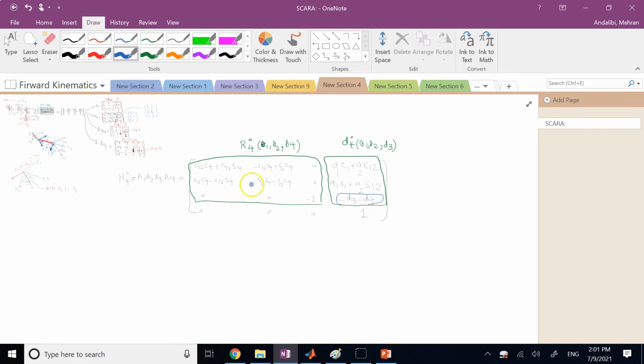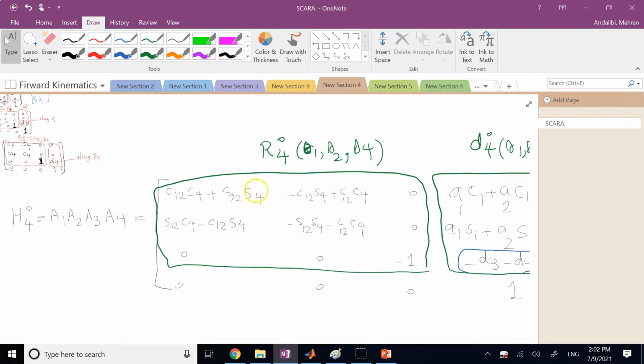If you look at this matrix, this is very similar again to a rotation Z matrix, except for this negative 1. And these guys, you can even go according to trigonometry and look at them. If you look, this is the cosine of theta 1 plus 2 minus 4.